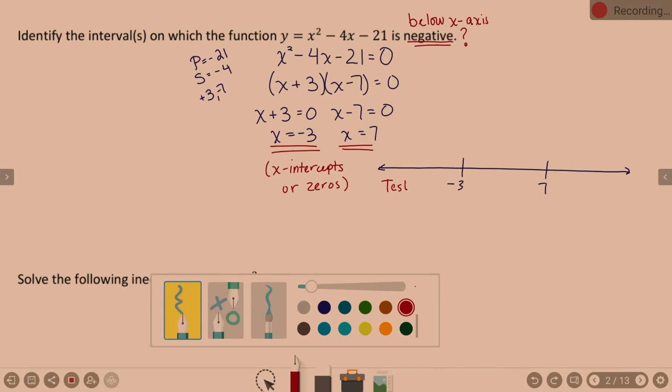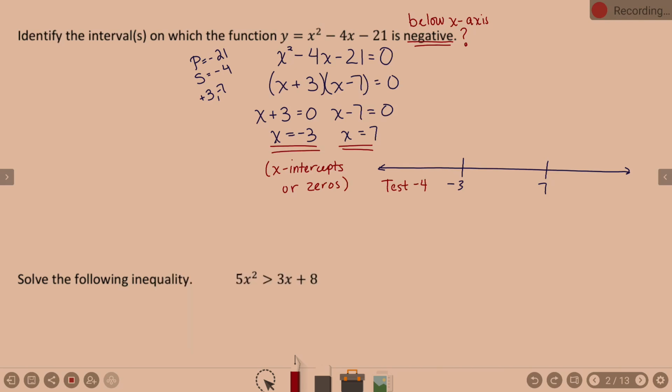This is why we talk about it. Get those careless mistakes out today, right? Or right now, right? So you're not getting them out later. So we're going to test negative 4, which means negative 4 quantity squared minus 4 times negative 4 minus 21. I'm plugging into this equation up here, right?